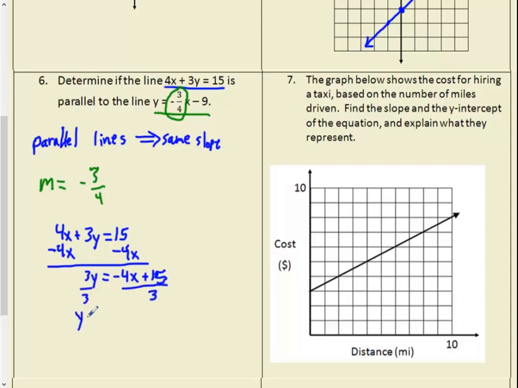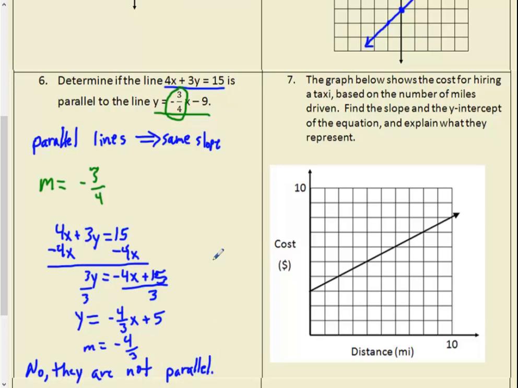And we get y equals negative 4/3 x plus 5. So here we have a slope of negative 4/3, not the same as negative 3/4, and therefore no, these lines are not parallel. So they are not parallel.